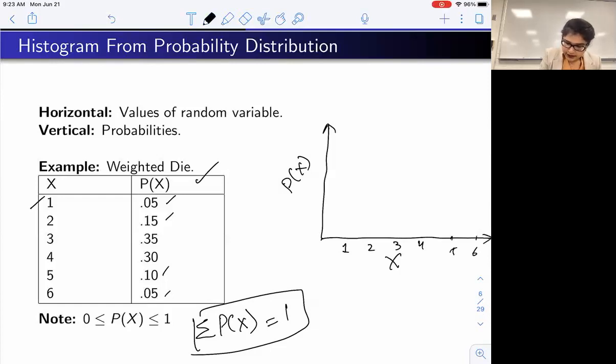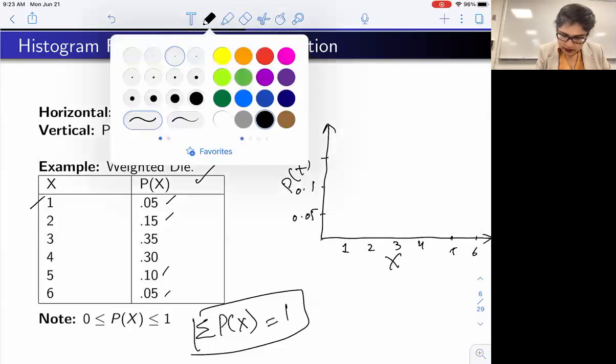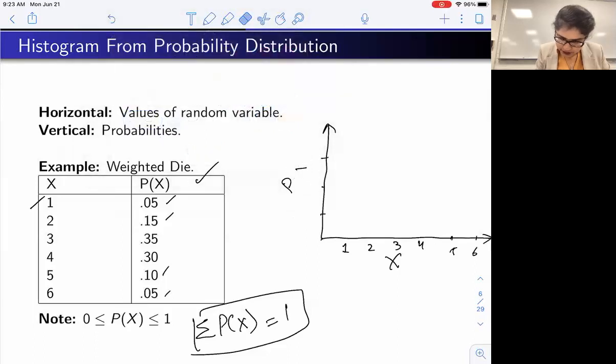And the probabilities we have, let me make the scale smaller because I cannot cover it otherwise. So let's say 0.05, 0.1, and then 0.2, 0.3, and a little bit higher, 0.4.